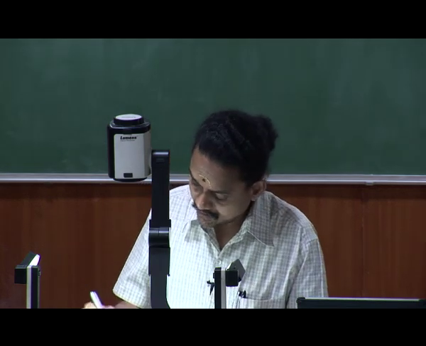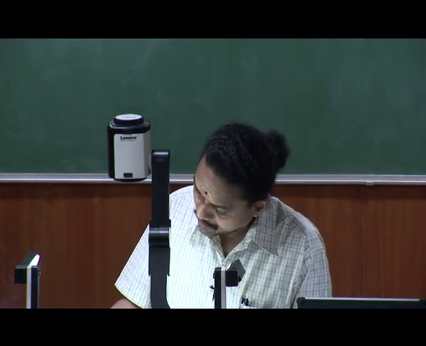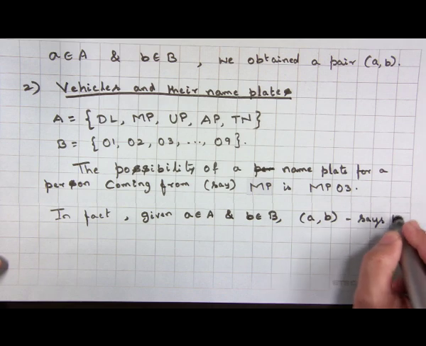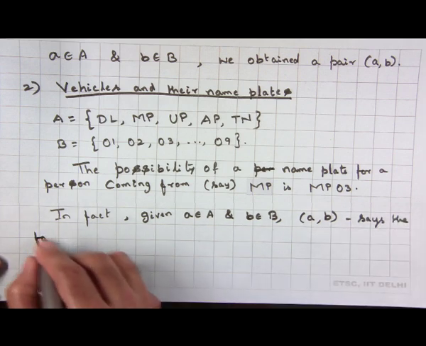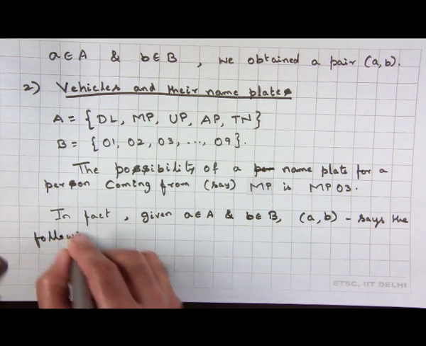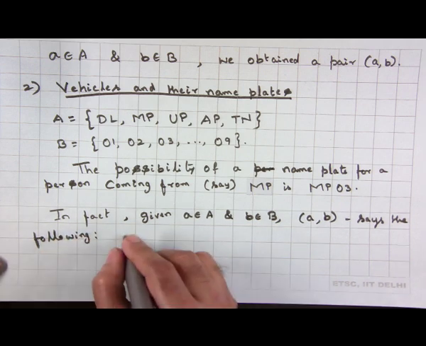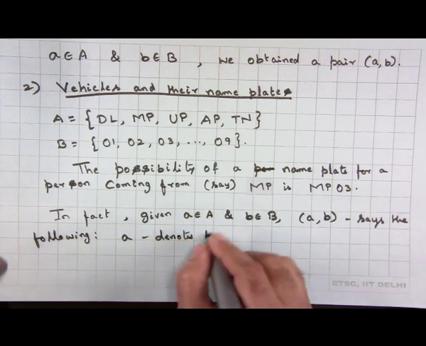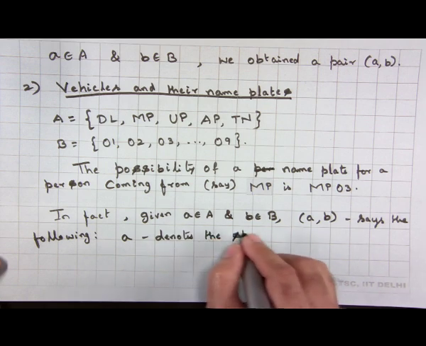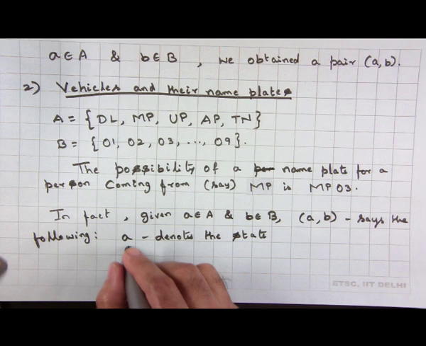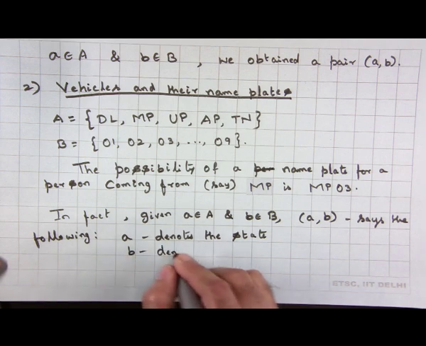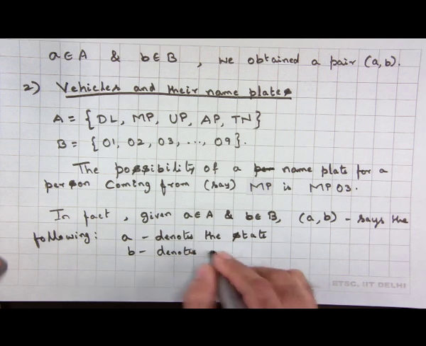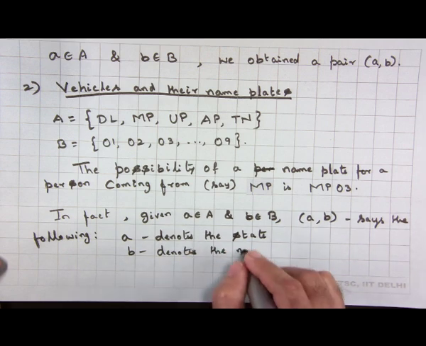The pair a comma b says the following: a denotes the state, b denotes the number of the vehicle.